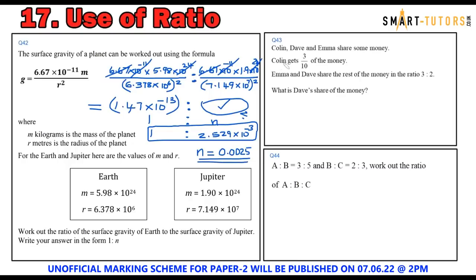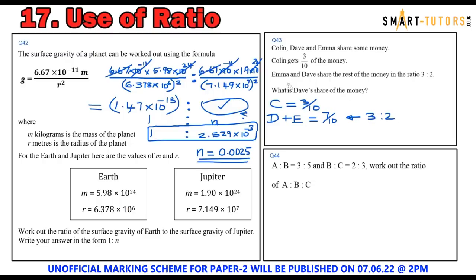Second question: Colin, Dave and Emma share some money. Colin gets 3/10. So that means Dave plus Emma are going to share the remaining 7/10. So 7/10 is going to be shared in the ratio of 3:2.